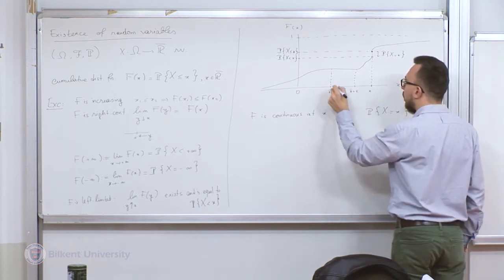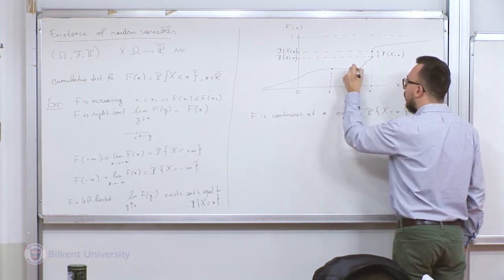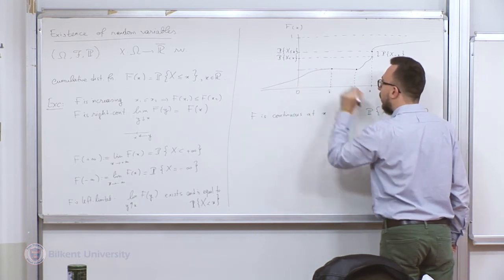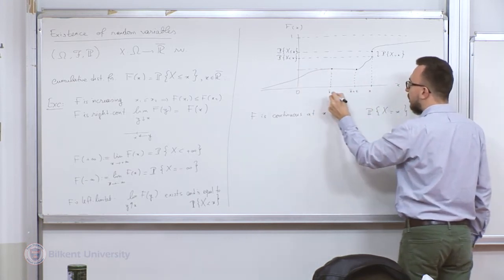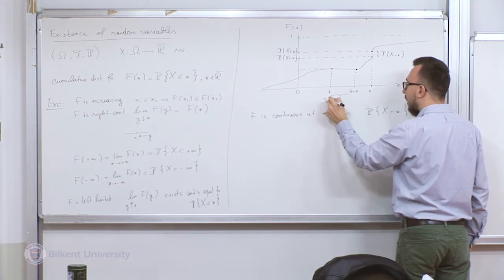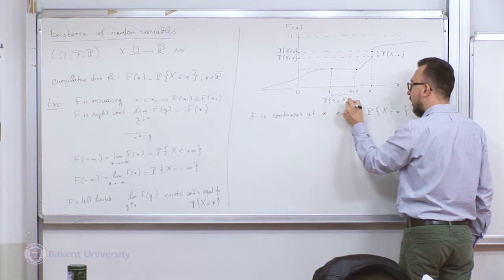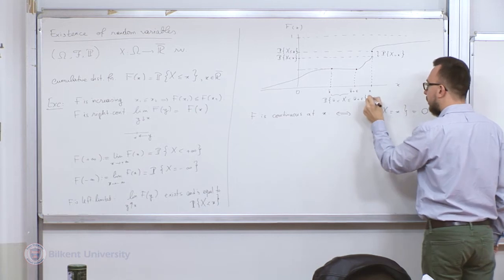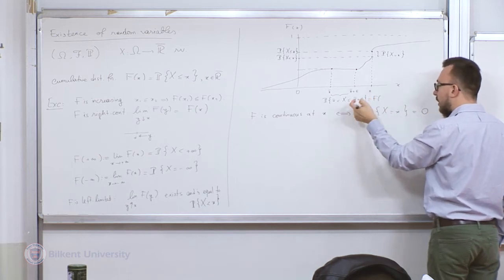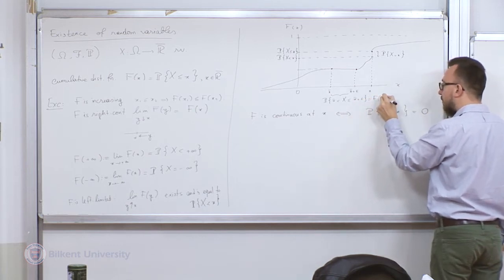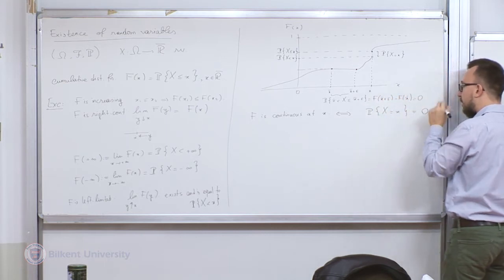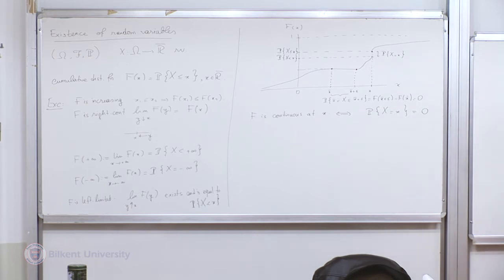The values of the cumulative distribution function at those 2 points are equal. So the probability that X is between x bar and x bar plus epsilon is 0, because this is F(x bar plus epsilon) minus F(x bar). This is just 0 since the two values are equal.